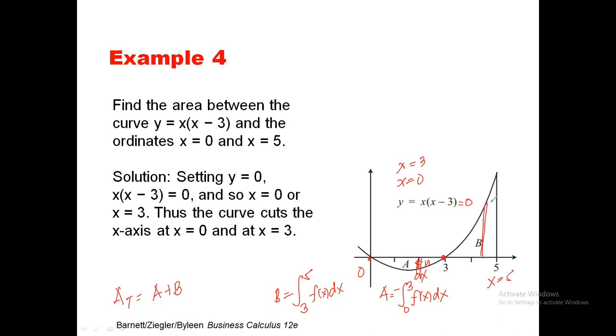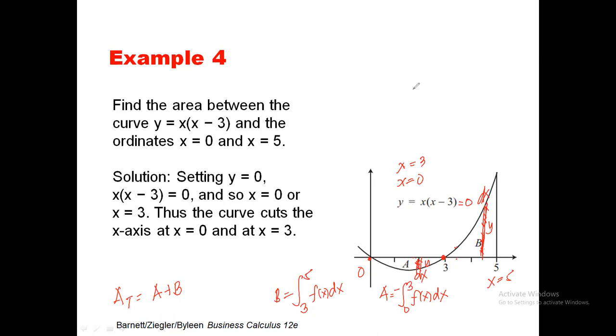If you draw a vertical differential element here, this is dx and this is y, it's consistent. Curve minus the line in terms of the y. So y of the curve, which is this, minus the y of the line, which is 0. In this one, it's y of the line minus y of the curve. So it's the negative of this. That is why you have negative.